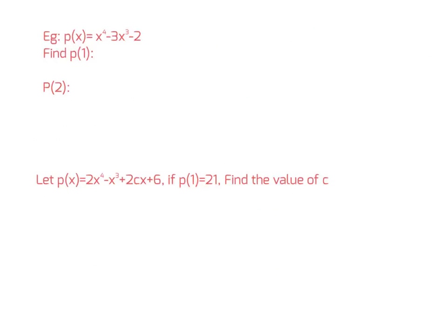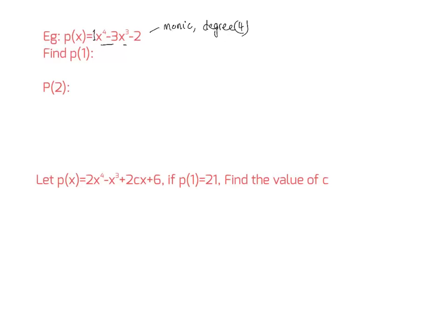Okay, so now we know a polynomial is pretty much a type of function. If we look at this example, the function is x to the power of 4 minus 3x cubed minus 2. This is a monic polynomial because there's a 1 there, and it has a degree of 4 because the highest power is a 4.